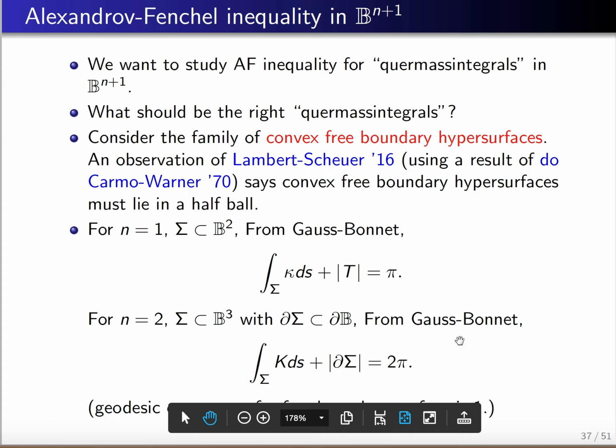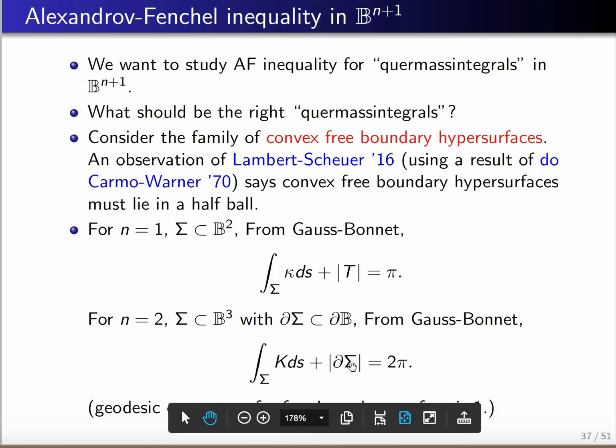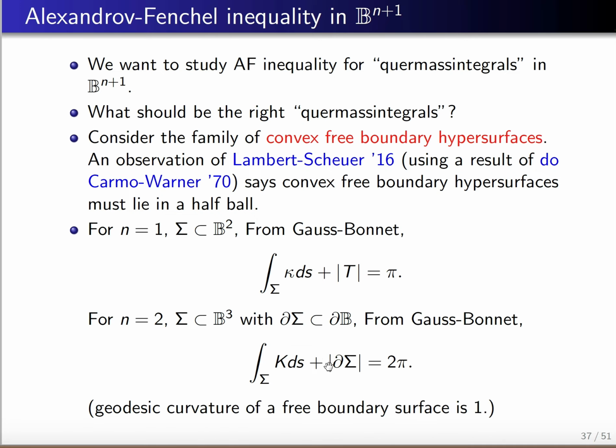Then from the Gauss-Bonnet for this two surface with boundary, you see that the Gauss curvature integral over sigma plus the boundary geodesic curvature integration will be 2 pi. But here, because of the free boundary condition, the geodesic curvature of a free boundary surface is exactly 1. So here this one is reduced to the length of the boundary of sigma.